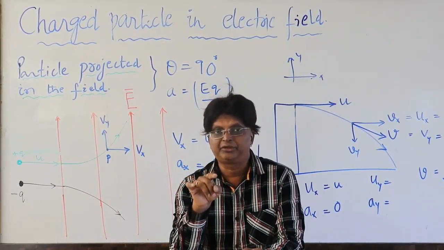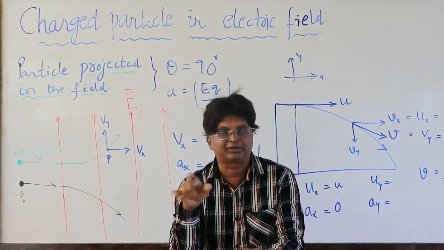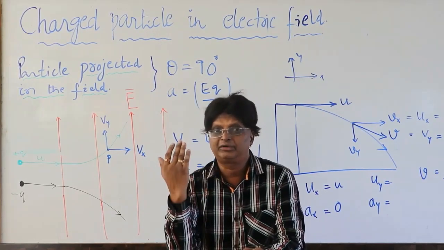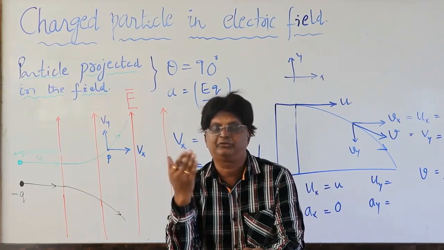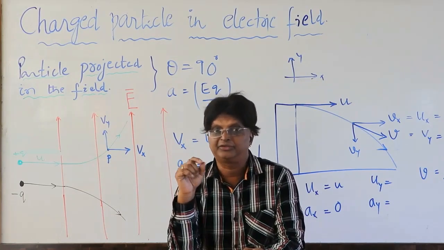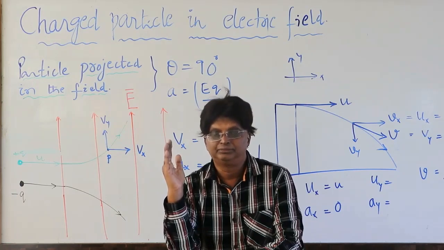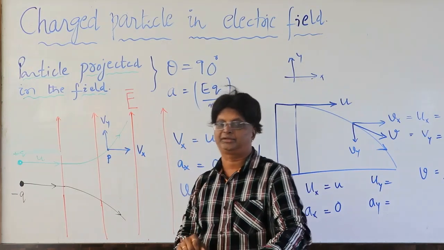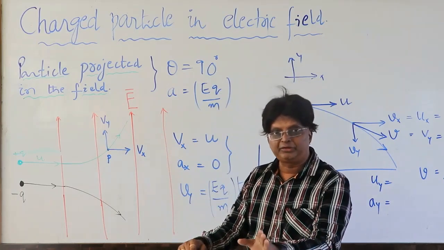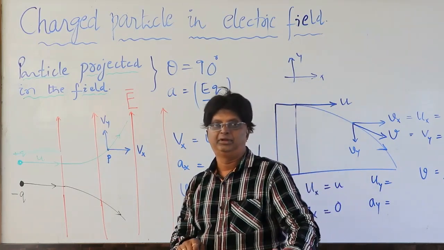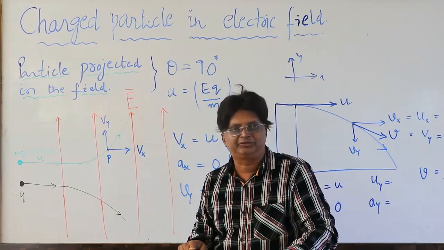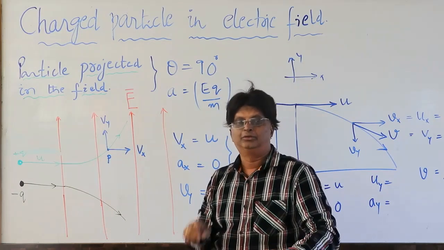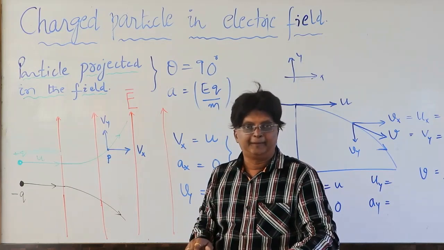So for a charged particle in a uniform electric field, I underline this point, uniform electric field, because sometime later we may discuss for our other examinations the case of non-uniform electric field. But here it is only the case of uniform electric field, right? Charged particle, uniform electric field. Trajectory, only two possibilities. What are they? It is either straight line or parabola. Only two possibilities are there.